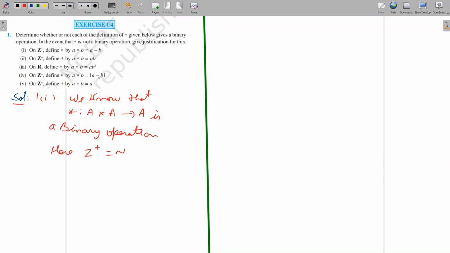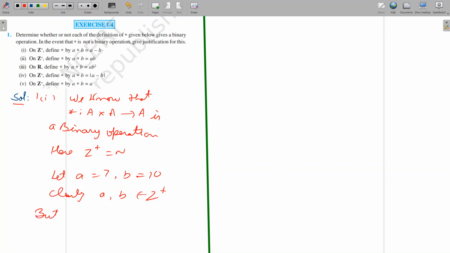So let A equal to say 7 and B equal to 10, and both are members of N. So clearly A, B belongs to Z plus.